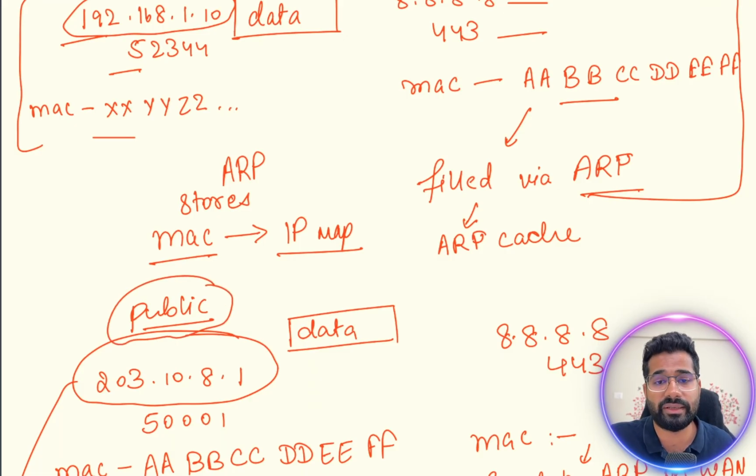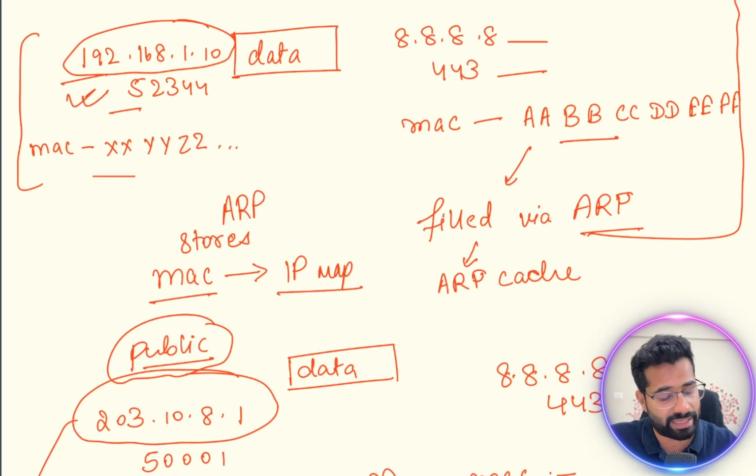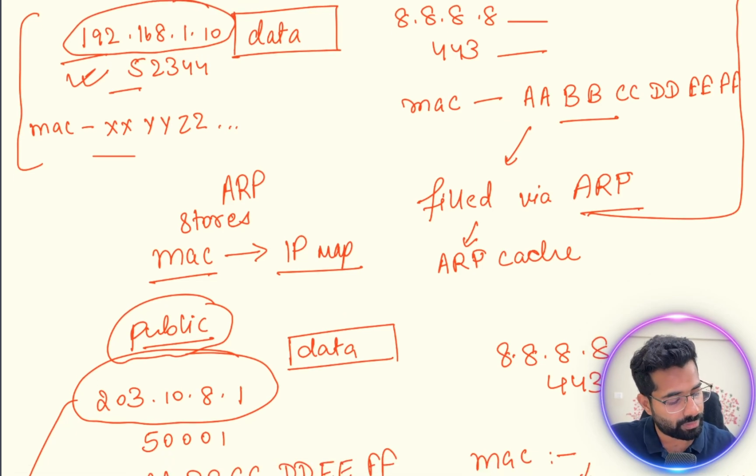On the internet, when data is flowing, all the public IP addresses have to be mentioned. No private addresses are mentioned, because private addresses are not meant for the internet. So the gateway router will replace this IP and port with its own public IP and port.